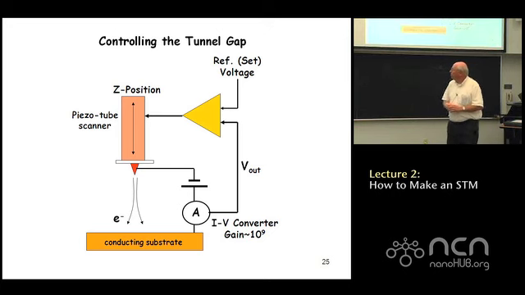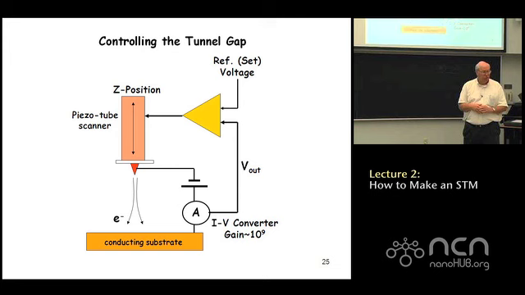This is an example of the feedback circuit that is used in scanning tunneling microscopy. It involves an operational amplifier indicated by that yellow triangle. Here, physics students and electrical engineers can design these operational amplifiers to do the required feedback signals.